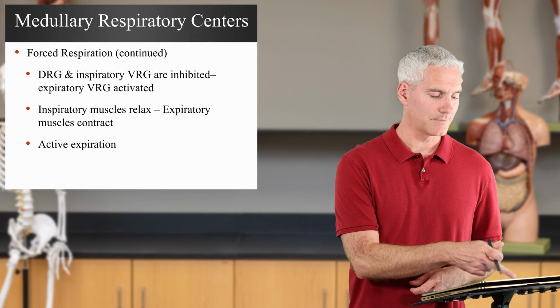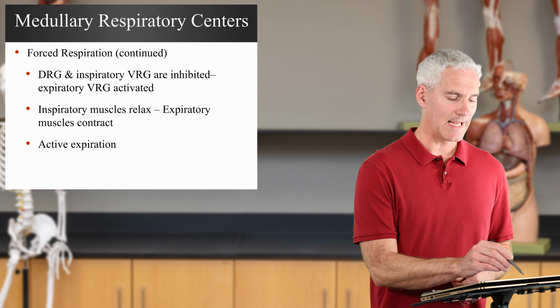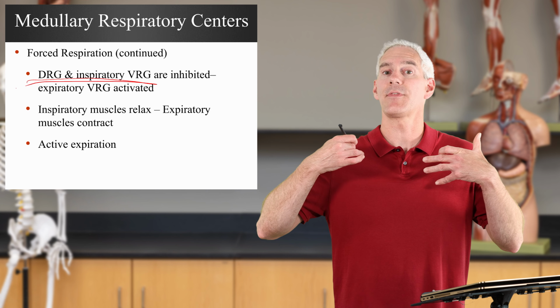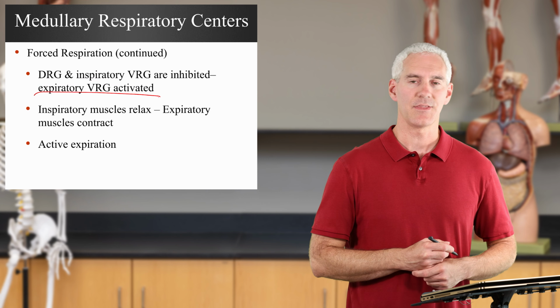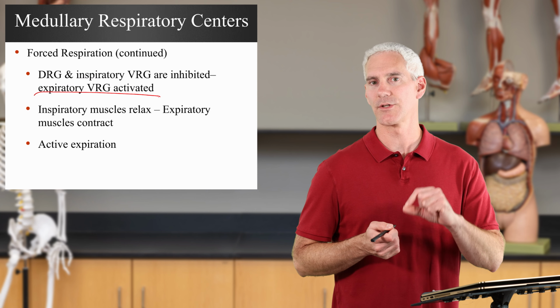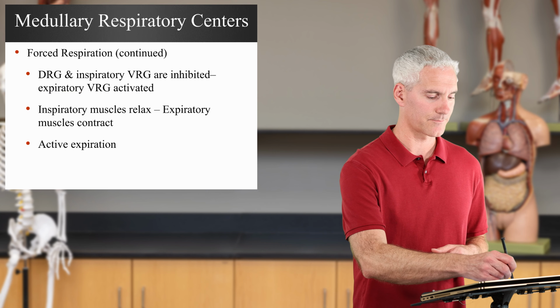You continue on. The DRG, dorsal respiratory group, and the inspiratory VRG now are inhibited. Remember, we've already taken our breath in. We need to breathe out. So you stimulate the expiratory VRG. The ventral respiratory group's expiratory neurons, the ones that are breathing out, are activated.